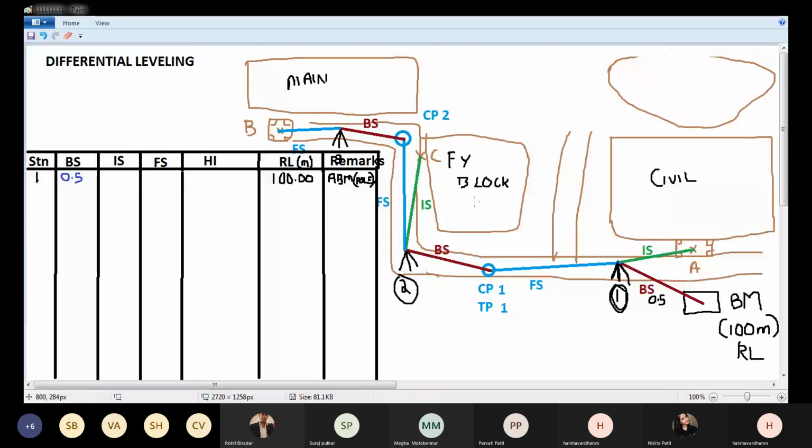Benchmark, backside, foresight, intermediate side. If you don't know what is the meaning of these terms, please raise your hand. So all of you know what is the meaning of these terms. Anyone else who doesn't know the meaning of these terms?